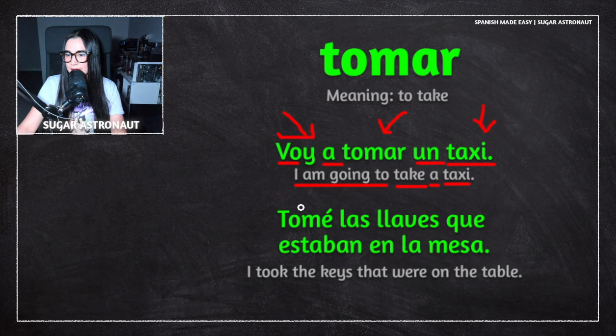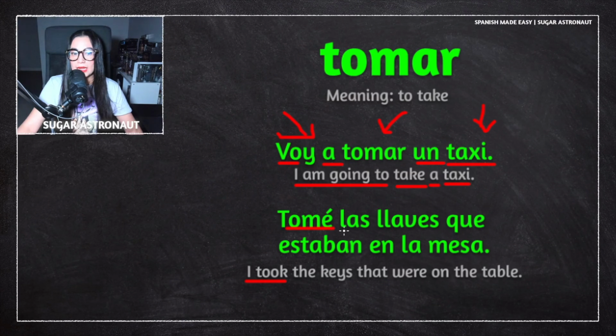Okay, so very basic example, nothing too complicated. Yo tomé, we don't need yo, we need tomé. And that's the verb tomar, by the way. It's conjugated in the preterite, past tense. And tomé means I took.